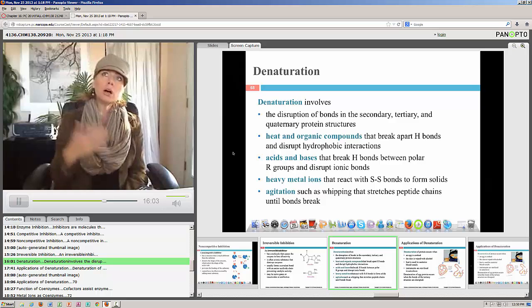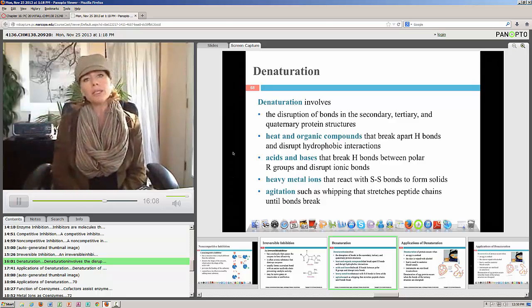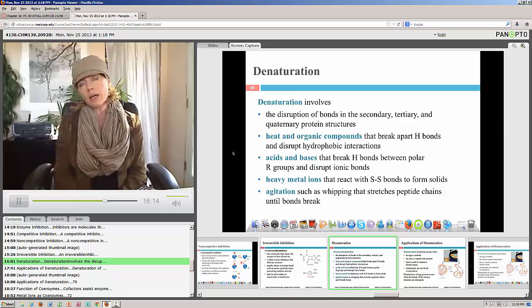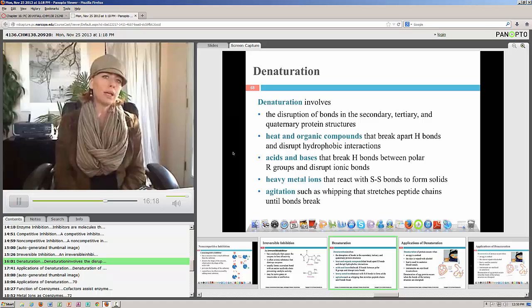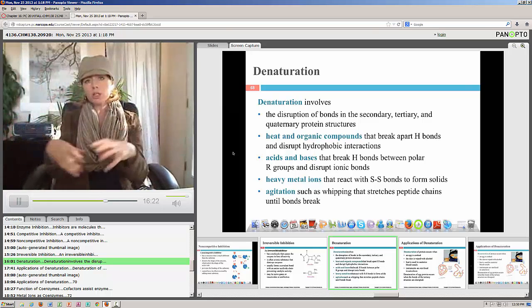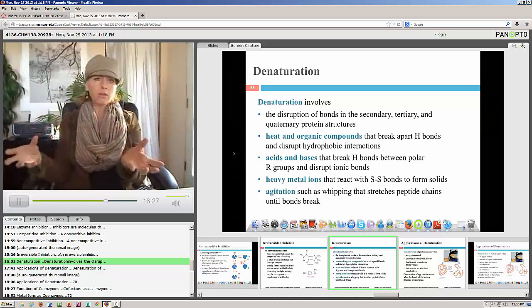So inhibition causes enzymes not to function, but overall we can get most proteins not to function by performing denaturation. Denaturation can be accomplished in a series of ways. You can add heat and it will break some of the hydrogen bonds, and it causes the protein structure to go from a tertiary or quaternary structure to secondary or even primary structure.